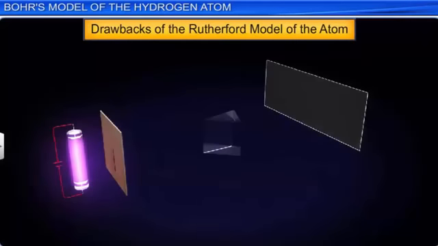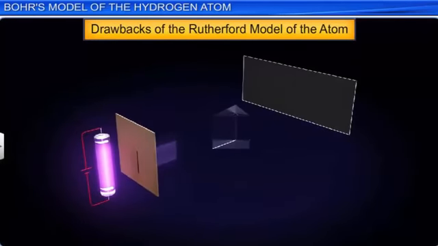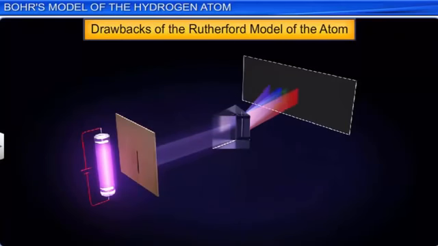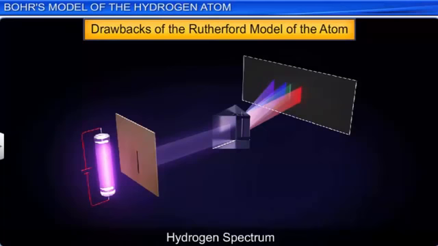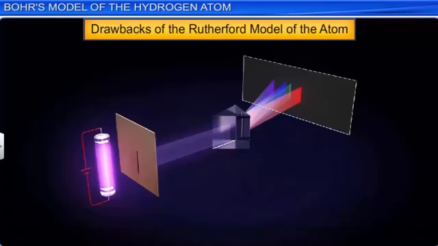But experimentally, a line spectrum is observed. The hydrogen spectrum is an experimental evidence for the above analysis. So it is clear that the classical electromagnetic theory and Rutherford's atomic model were inadequate to explain the atomic structure.